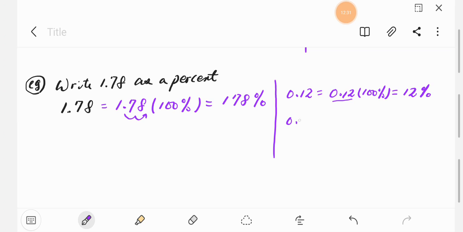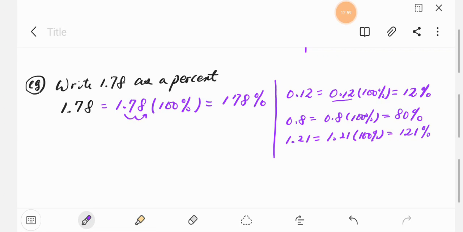How about 0.8? Then 0.8 times 100%. So move two decimal places to the right. Then it will be 80, so 80%. How about 1.21? Then multiply this number by 100, so it will be 121%.